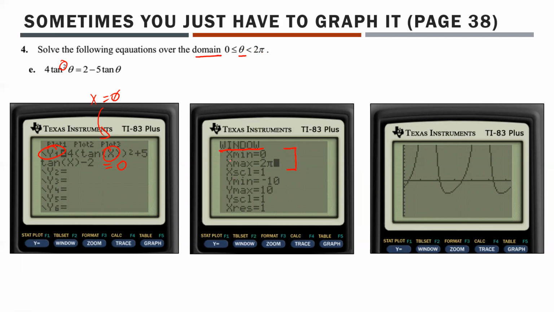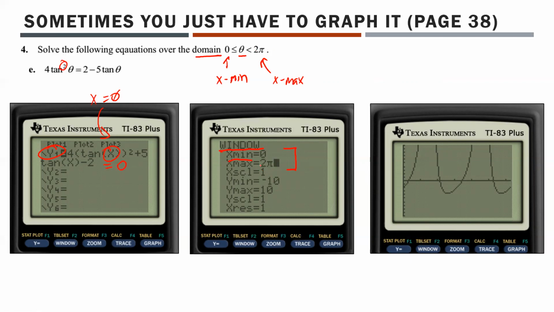So the lowest x that I have in there, my x min, is 0. My highest x that I have in there, my x max, is going to be 2 pi. And you literally can put pi in your window up there. That's totally fine. I think as soon as you move your cursor away, it actually calculates that to be like 6.28 whatever, right? But I just took the screenshot when it said 2 pi, right?